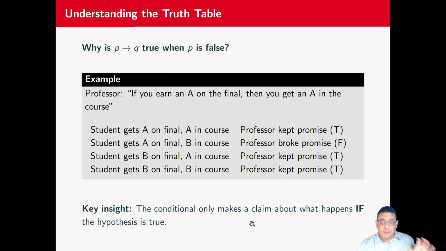The conditional only makes a claim about what happens if the hypothesis is true. Otherwise, it's just what we call vacuously true. But notice that this example shows that it's all about the final implication: are we keeping the final implication or not?